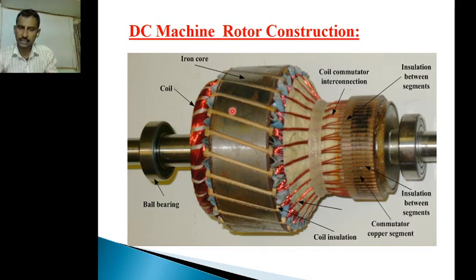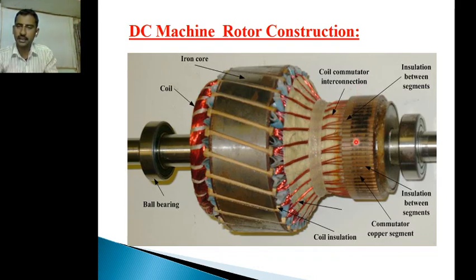On that armature core we provide the armature winding, and we can separate the armature core and armature winding by using some impregnated paper in between them. By rotating this armature winding and armature core, definitely some EMF will be induced. That EMF will be AC, so in order to convert the AC, we provide the commutator arrangement.